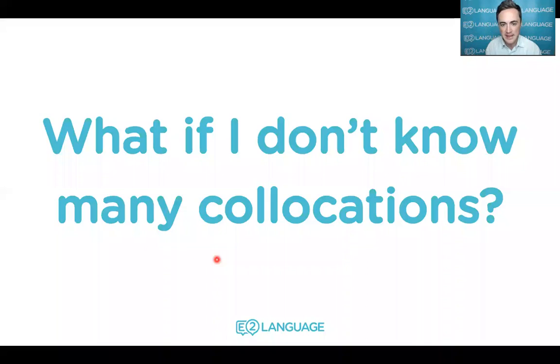This is the Pearson PTE collocation word list. It is the words that the computer recognizes as collocations in your test. There are 2,496, something like that. It is not an exhaustive list. There are more, but you need somewhere to start, so start with that.